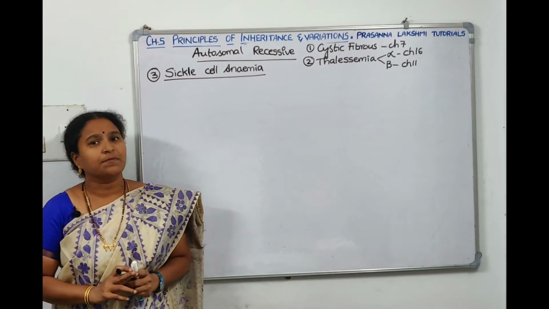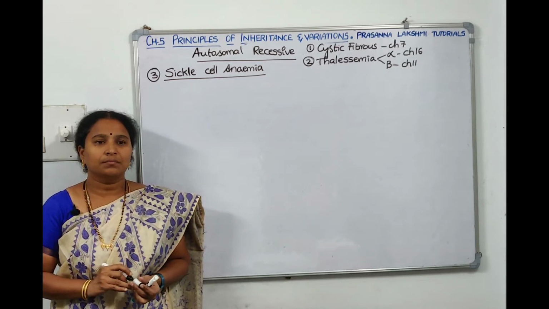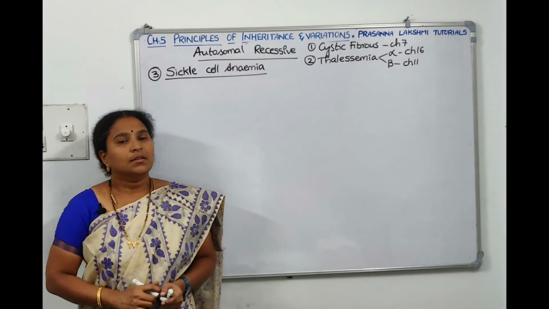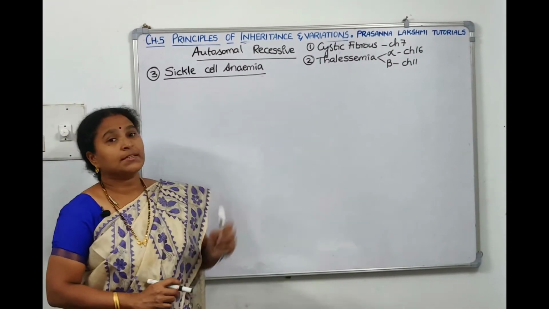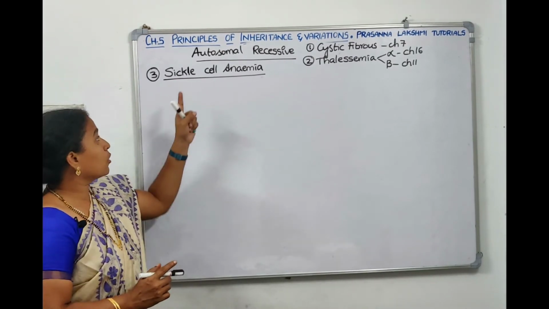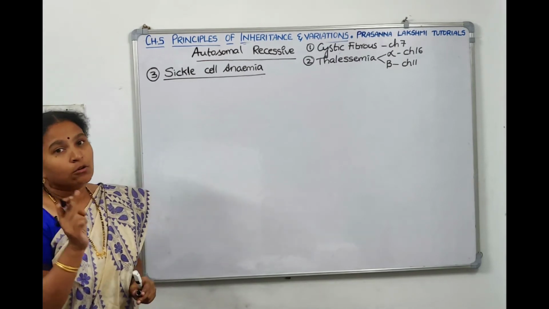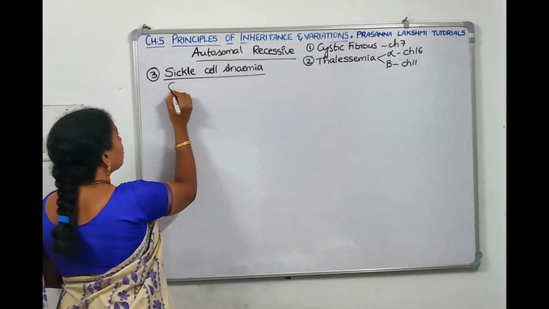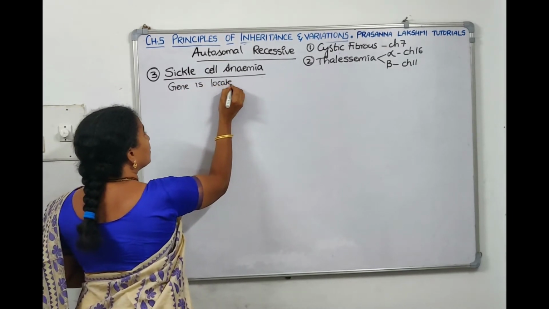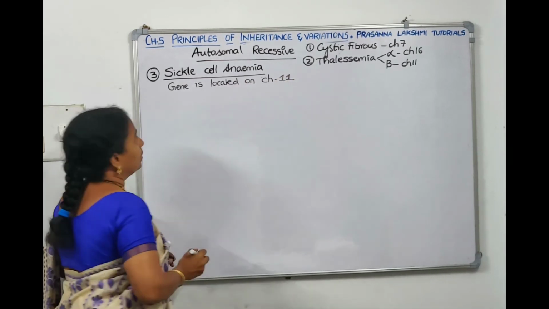It's an autosomal recessive disorder. The gene is located on chromosome number 11, right?